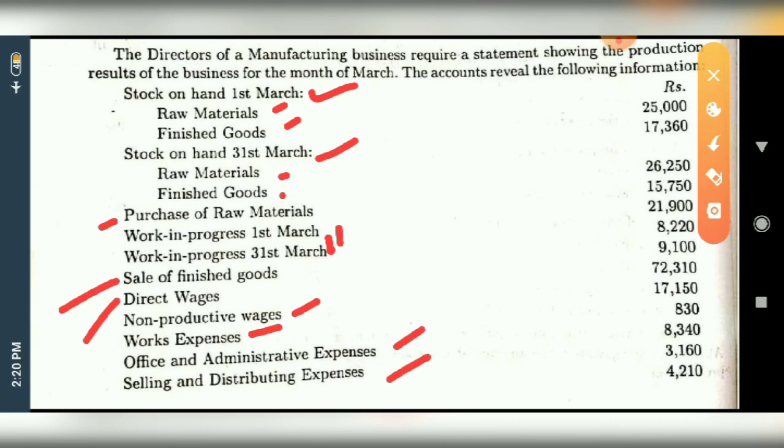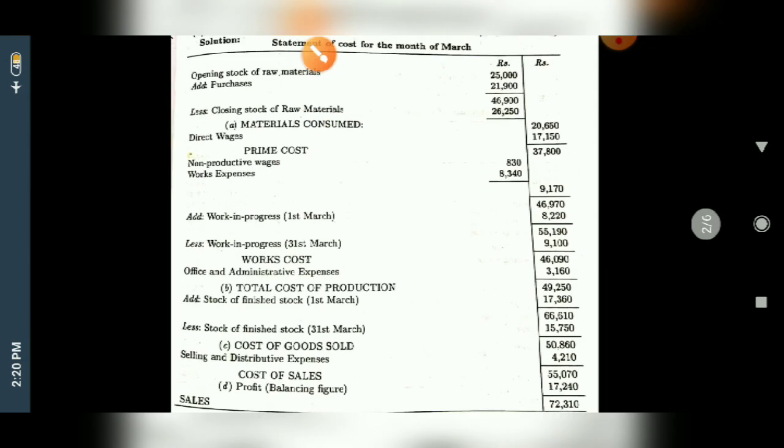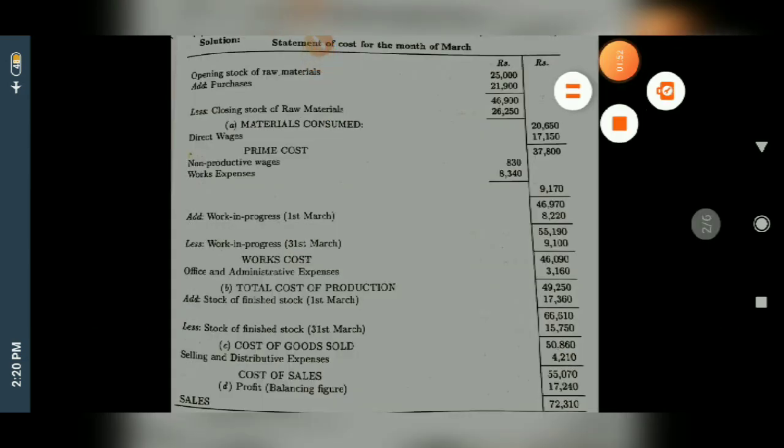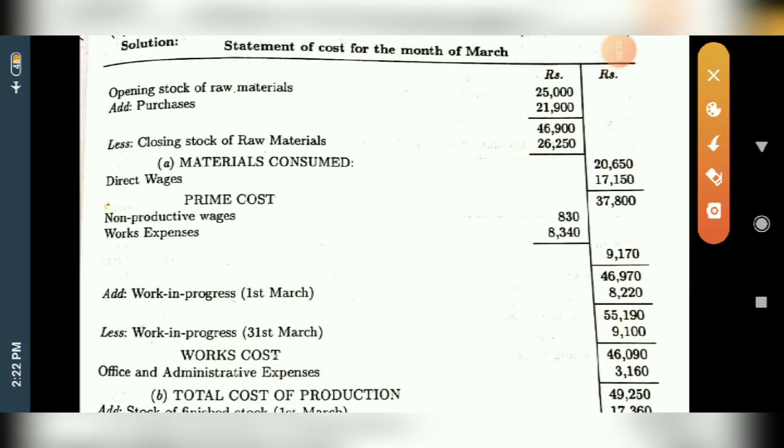These are the contents of the problem question. Yes, see, this is the solution here. You keep your format reference page from your notebook as a reference. Okay, so let us proceed here.